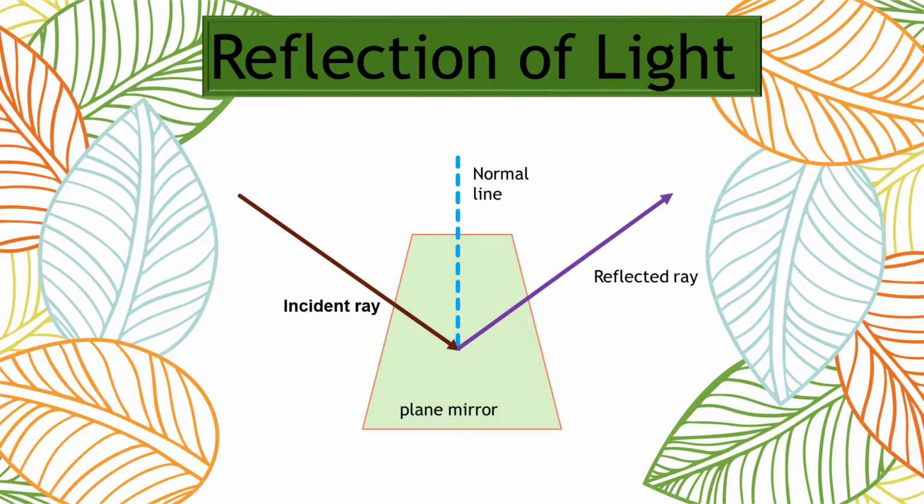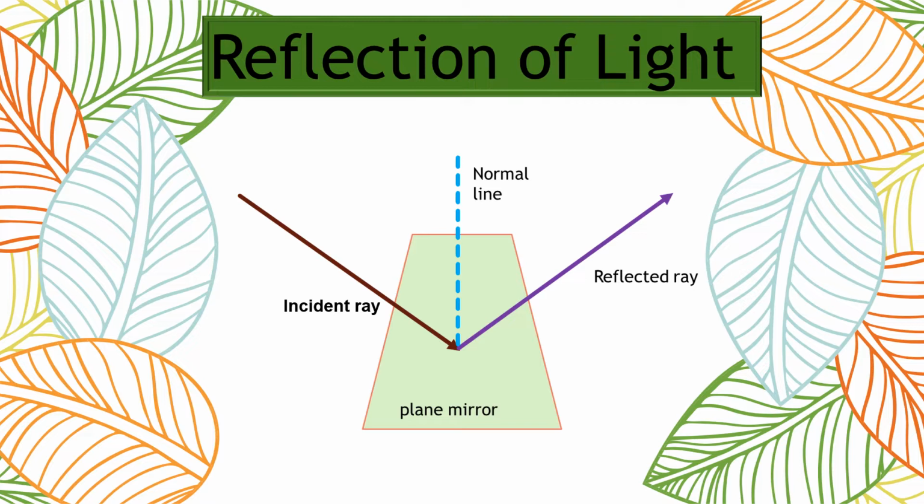So these are the important terms that you need to learn in studying reflection of light. A normal line that is in a broken line, an incident ray, a ray that is going to the plane mirror, and then the reflected ray, a ray that is going out from the mirror.